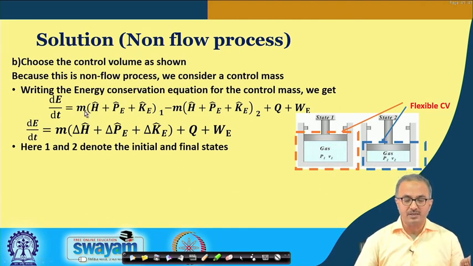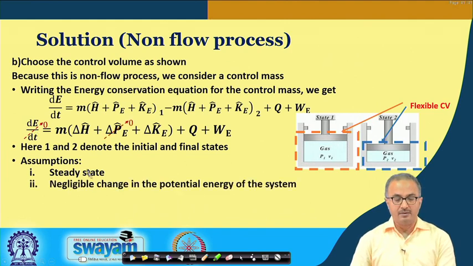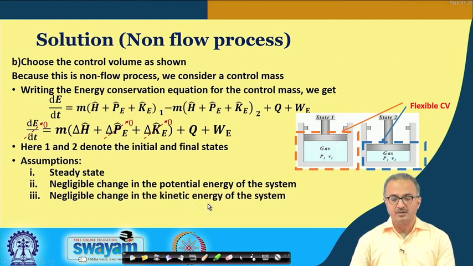So, here we are putting in terms of the mass, and the 1 and 2 are denoting the initial and final states respectively. So, again we make these assumptions of the steady state. So, this particular term goes off, then the negligible change in the potential energy between the two states and negligible change in the kinetic energy within the two states and taken to be adiabatic.